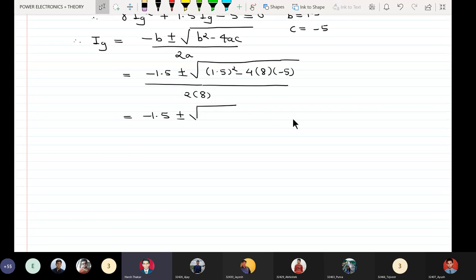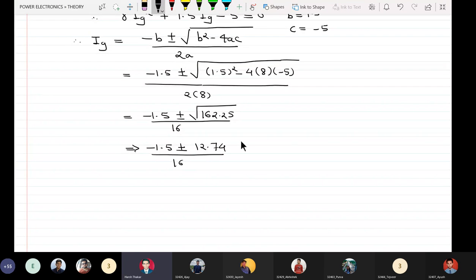So it becomes 1.5 square plus 8 into 4 into 5, 162.25 on 16, so it's equal to minus 1.5 plus or minus 12.74 on 16.